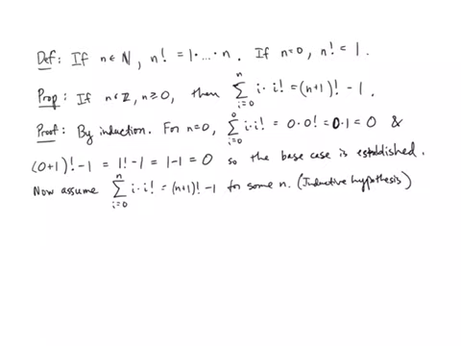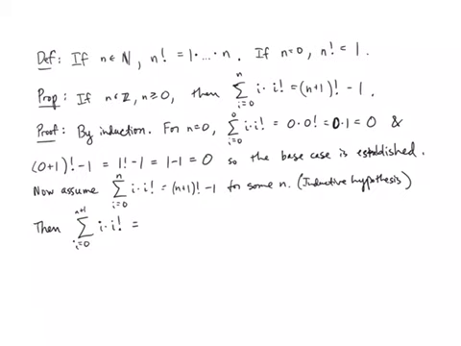Then what we have to look at is, so this sum with n, that's our P sub n. We're going to look at P sub n plus 1. So we're going to look at the sum from i equals 0 to n plus 1 of i times i factorial. And we want to relate that, so we want to use what we know about P sub n.